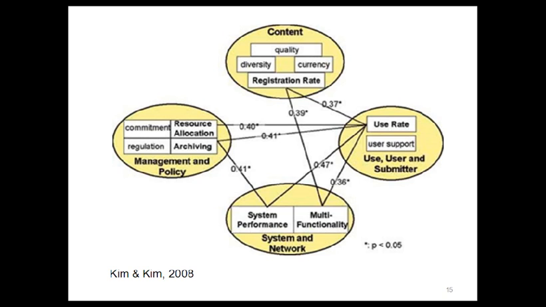With the triangular shapes here, what you also see, and one of Kim and Kim's big conclusions, is that there are certainly direct relationships between, say, registration rate and use rate. There are also indirect relationships. The registration rate also relates to multi-functionality, which also impacts use rate.